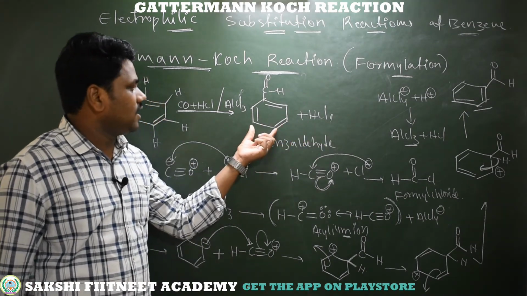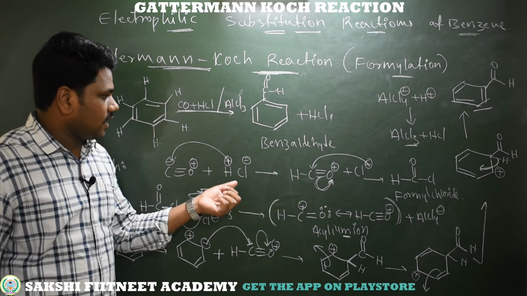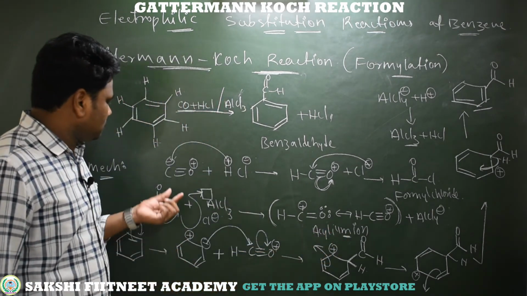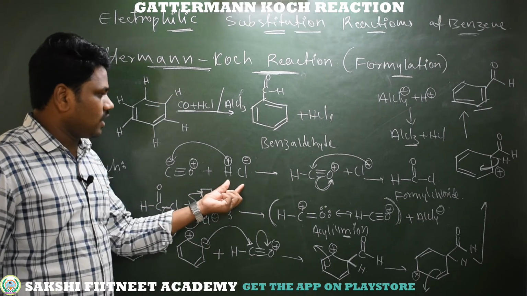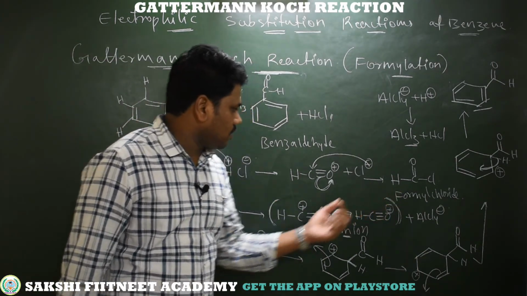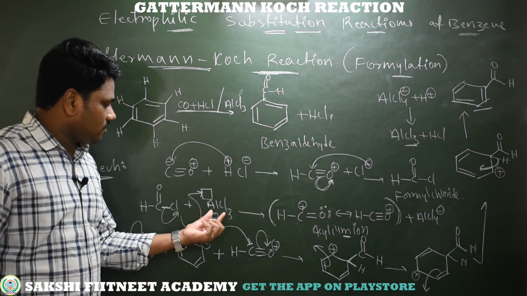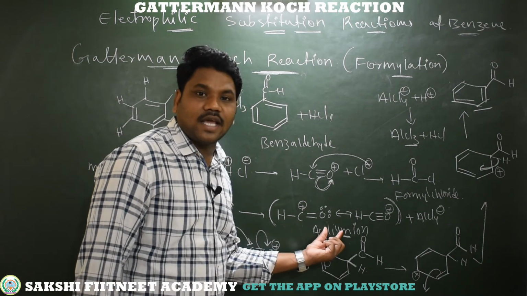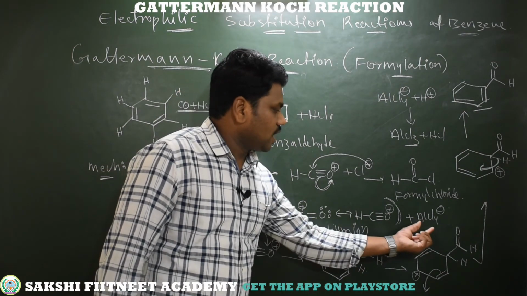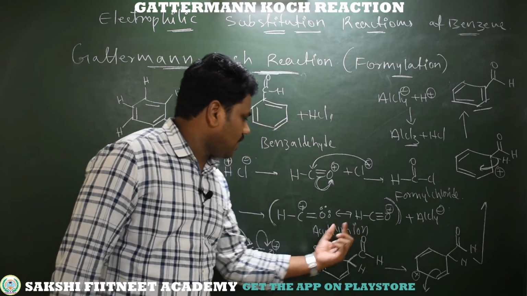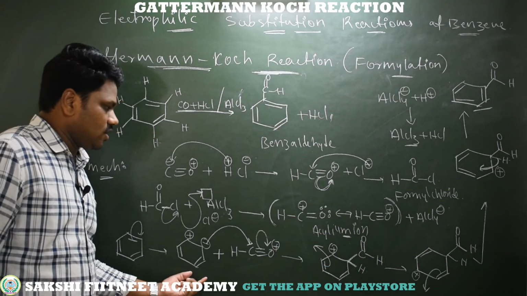So to get benzaldehyde, first we need to generate the electrophile, which is the acylium ion. To generate the electrophile, see here, carbon monoxide with hydrochloric acid gives formyl chloride. This formyl chloride with aluminium trichloride, which is a Lewis acid, gives the acylium ion, which is the electrophile, along with AlCl4 minus. So this acylium ion, on substitution, gives benzaldehyde.